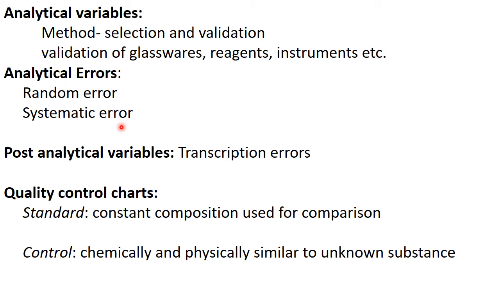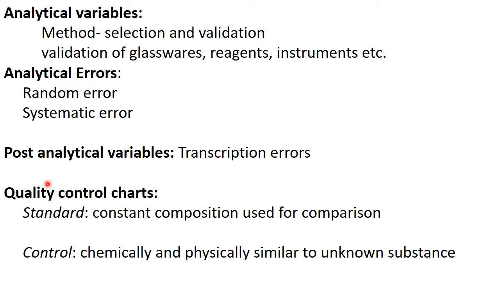Other errors include pipetting error, transcription error, wrong numbering and labeling of the test samples, errors in calculation and errors in instrumentation. Systematic, the another error is systematic error. Systematic error may be due to wrong procedure, incorrect standard and incorrect standardization procedures.